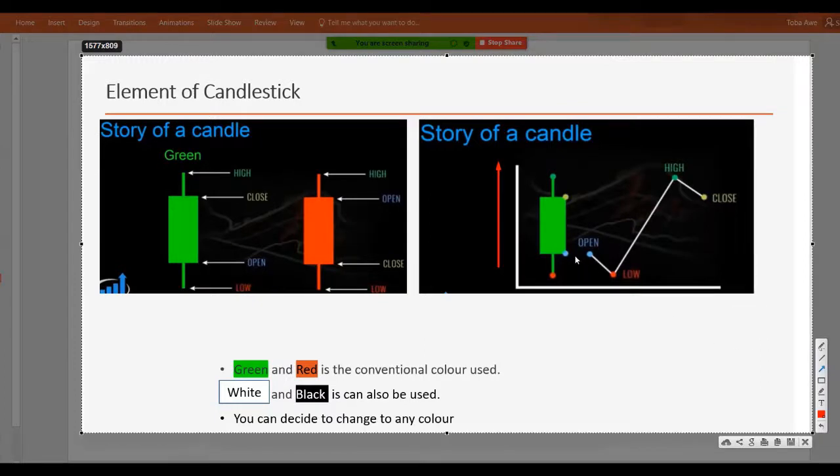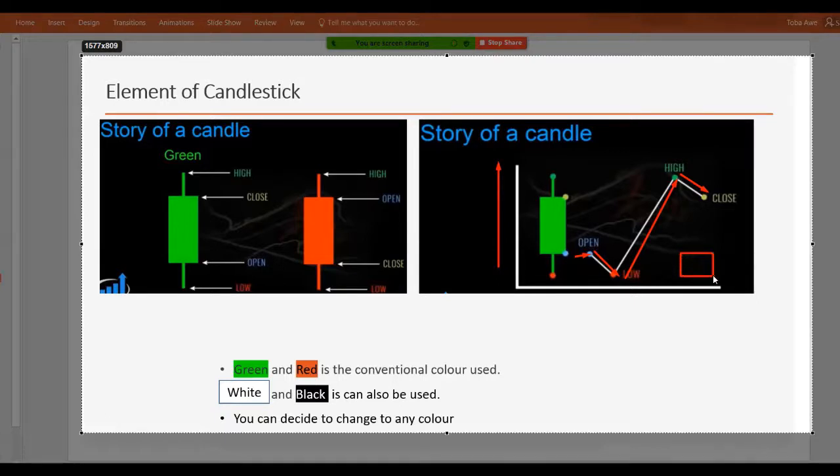The price opened from here, that is, the price started here. It fell, went down to the low point, then it rose to as high as this level and came down to close here. So when we draw this, we draw it like this. This is the open and price went down.